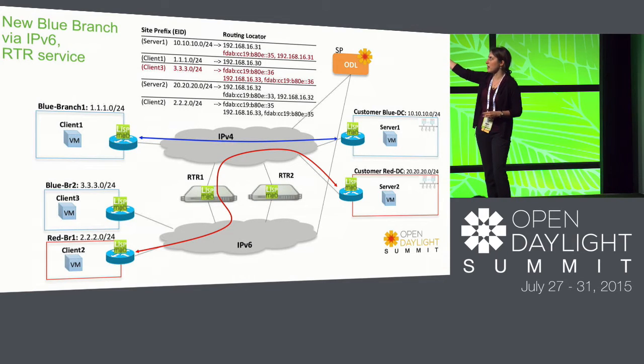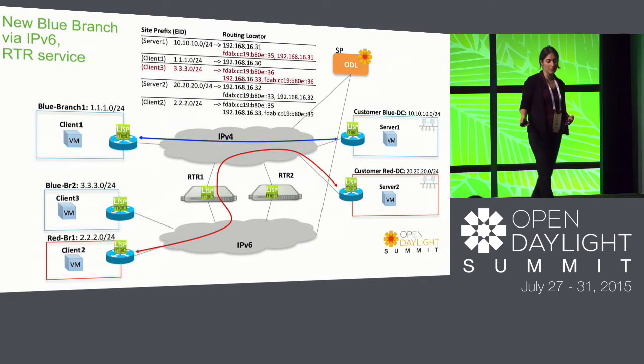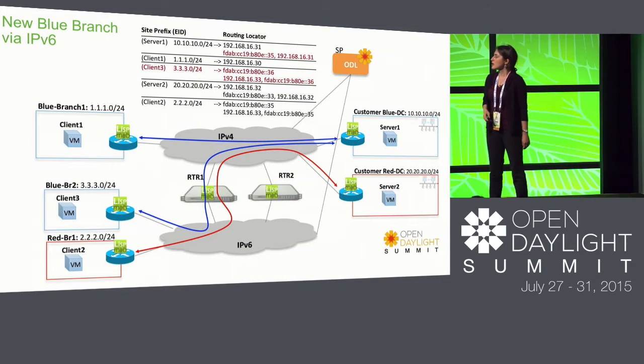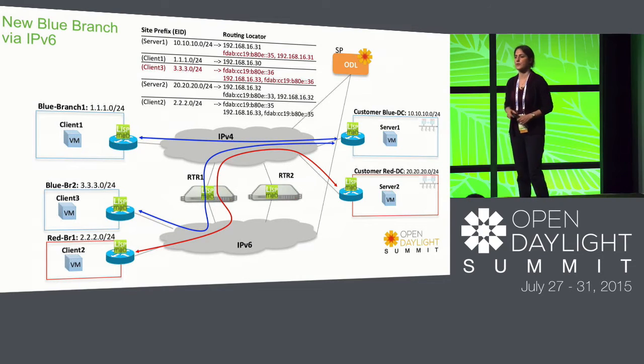We would define the mappings by, again, introducing the v6 mapping, which is its direct mapping, and also a v4 mapping through the RTR address. And then we will see that connectivity between the branch and server 1 is also enabled.